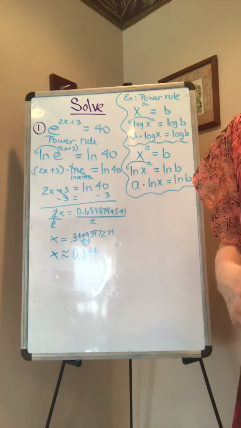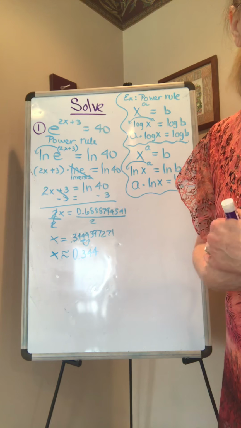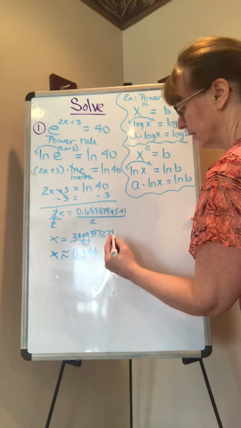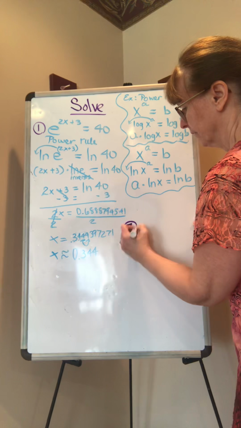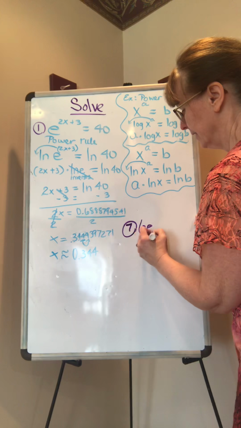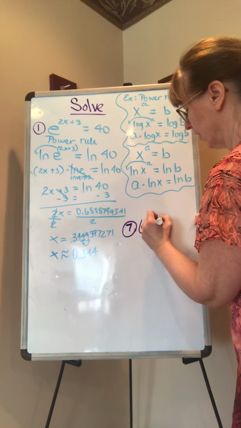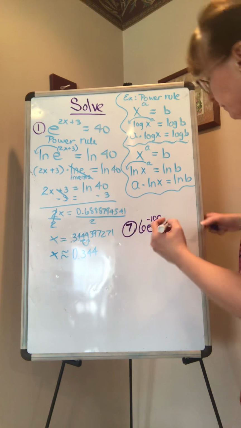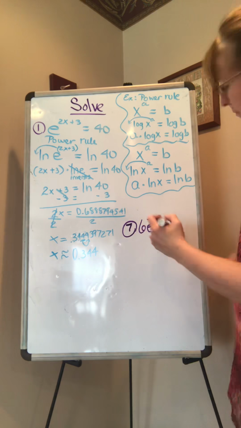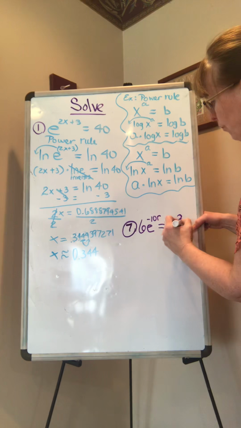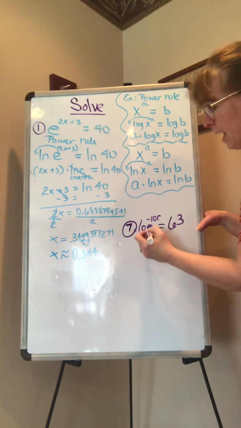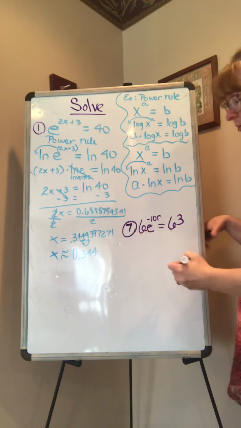So problem number 7 is 6e to the negative 10r is equal to 63. Well, the r is an exponent on e, but these guys are connected with multiplication.